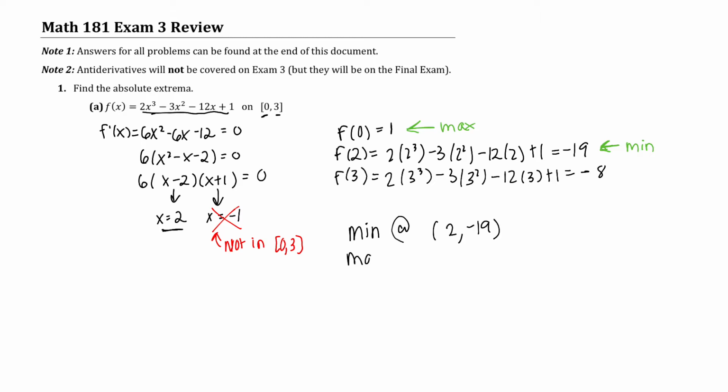And then the max is at 0, 1. Any questions on part A? If not, I will just keep on going.